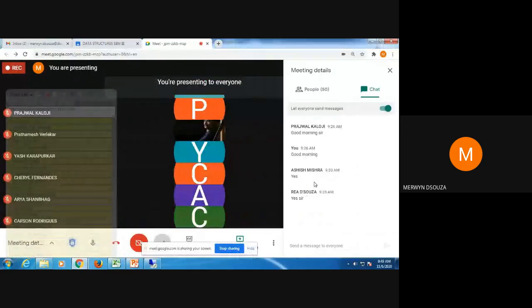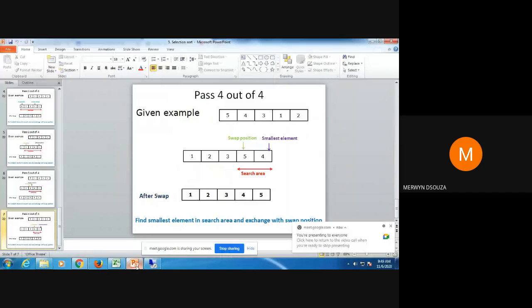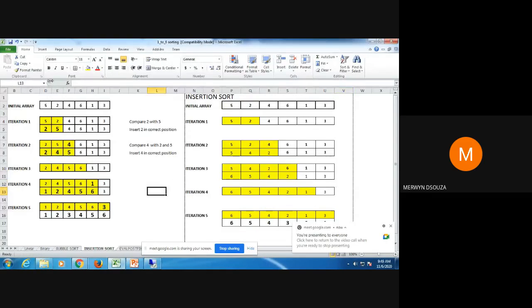Is it okay with everyone? Okay, so I think you'll have understood this insertion sort.